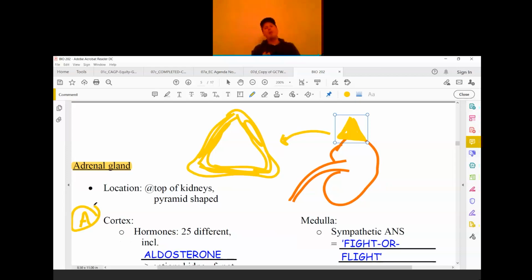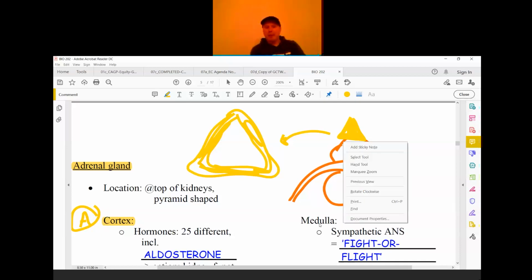You remember that the brain had this sausage-looking structure on the outermost layer. It was also darker, so gray matter. Well, that was the cortex of the brain. Just like that, we also have the cortex of the adrenal gland. So we'll have a look at that, and after that, we'll talk about the medulla of the adrenal gland. The medulla is going to be the middle part of this gland.